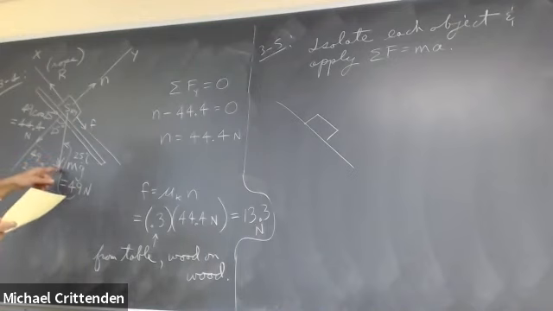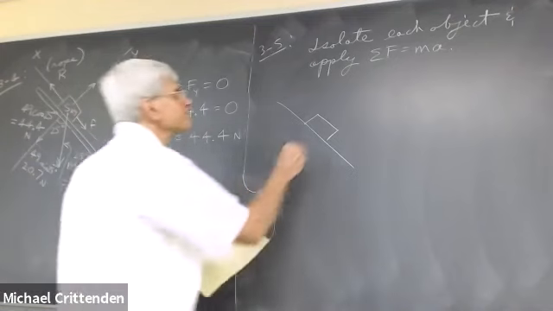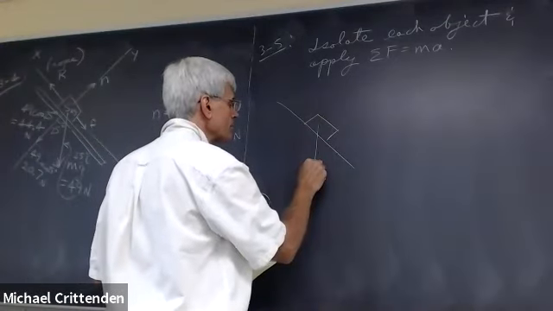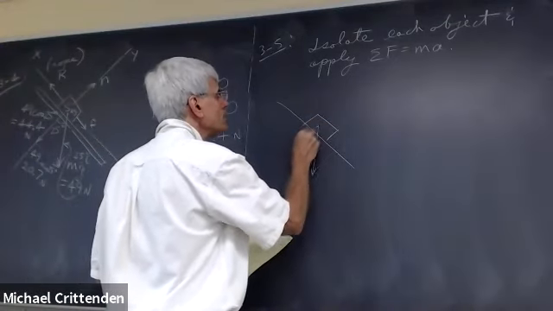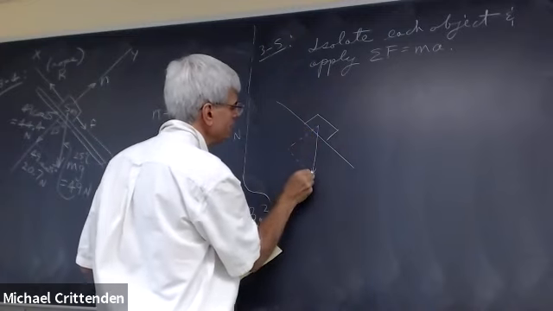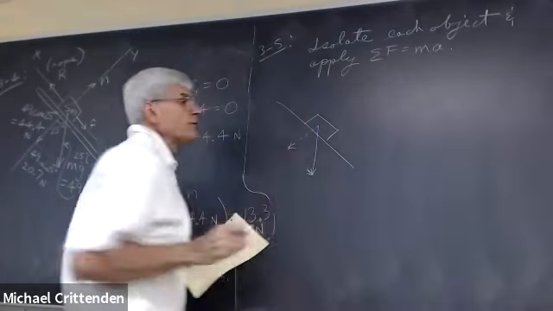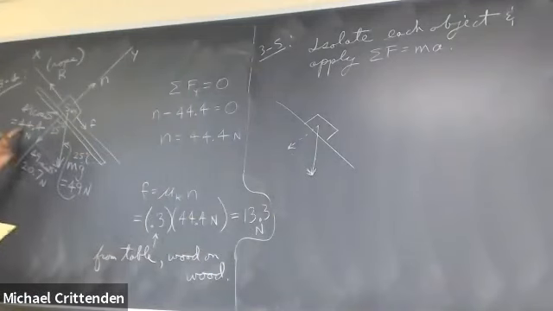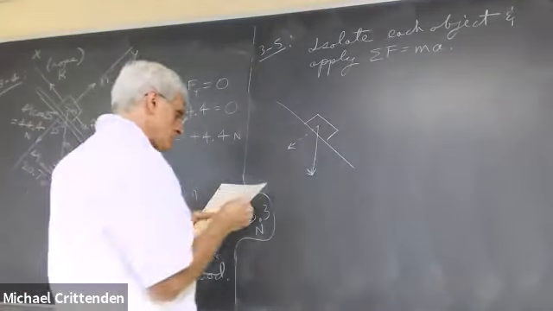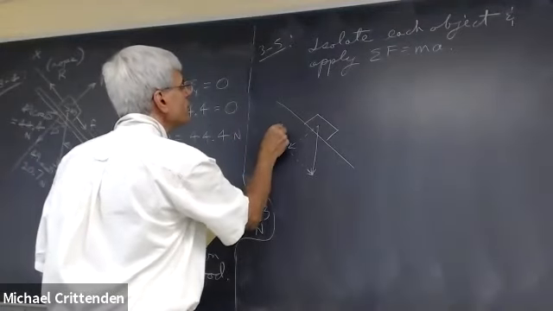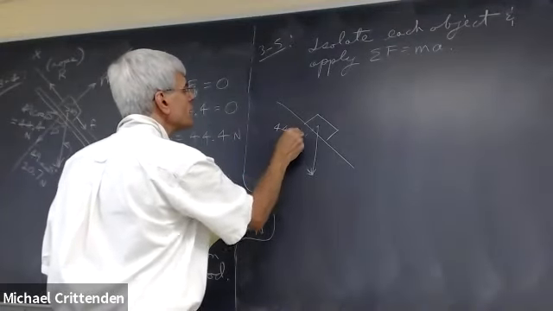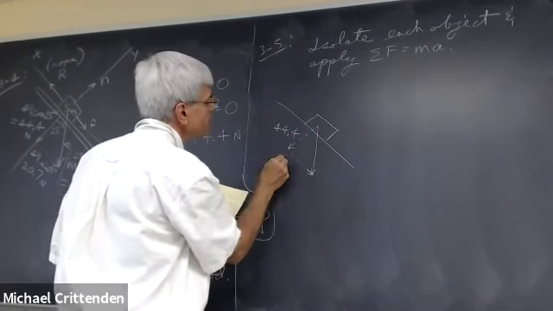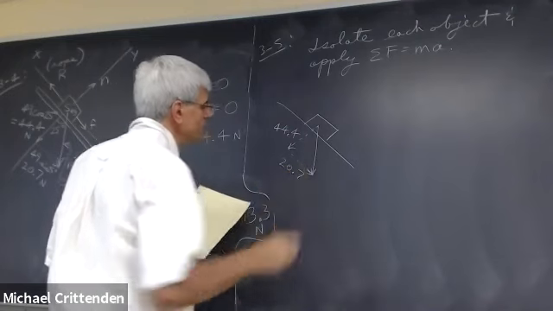We've got the weight. And it's still 25 degrees. So the weight will have the same components it did before, which will be 44.4 on that side and 20.7 on that side.